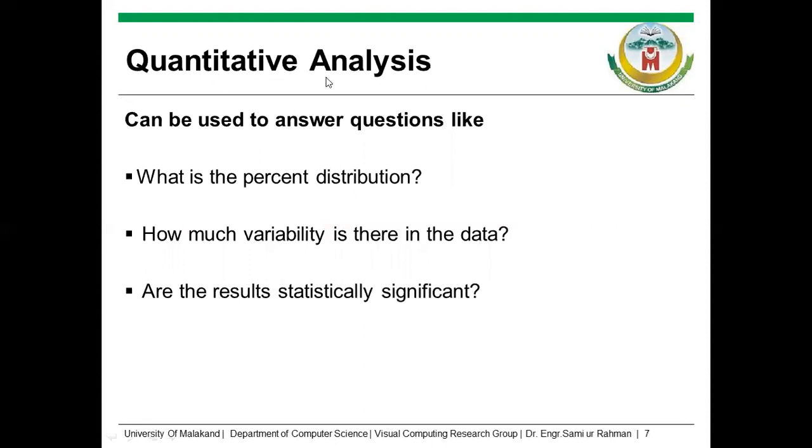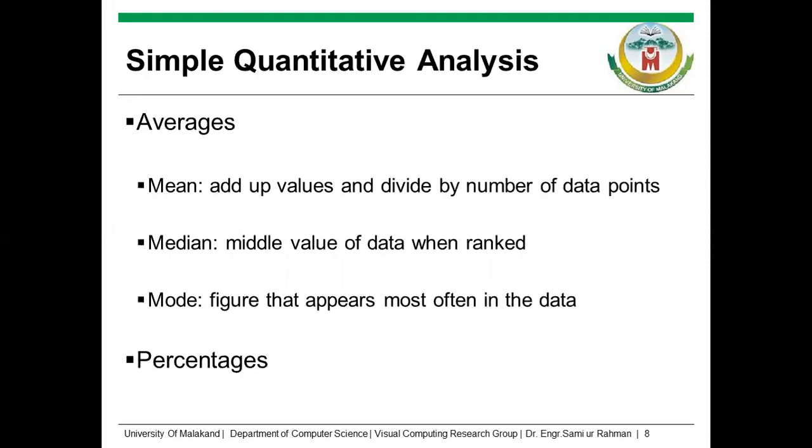the quantitative data analysis can be used to answer questions like what is the percentage distribution, how much variability is there in the data, and are the results statistically significant. So these are the different discussions related to quantitative data analysis.